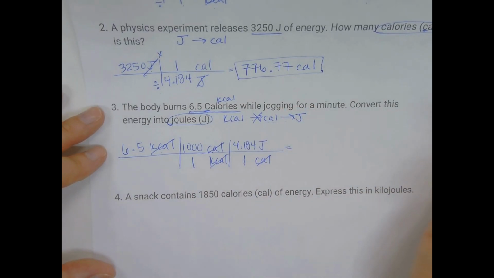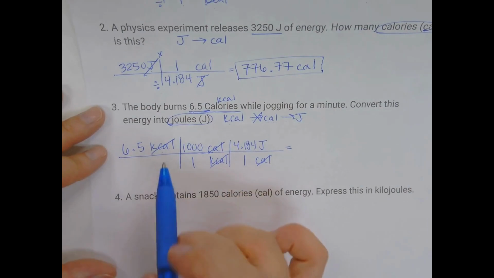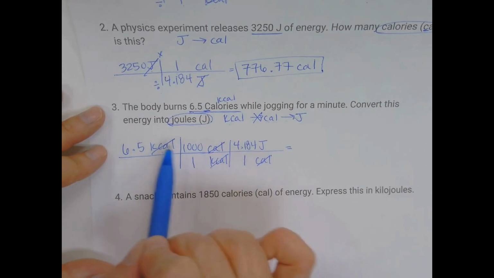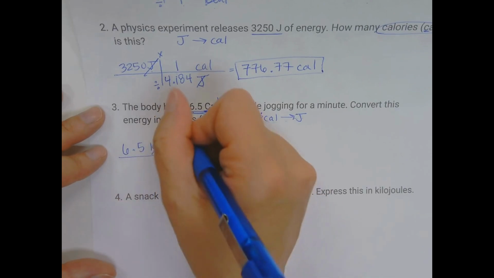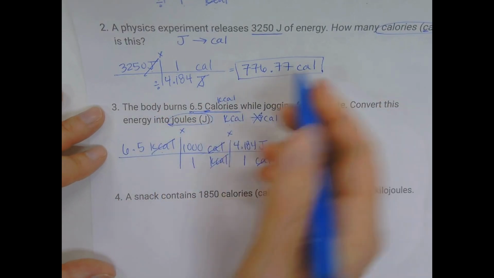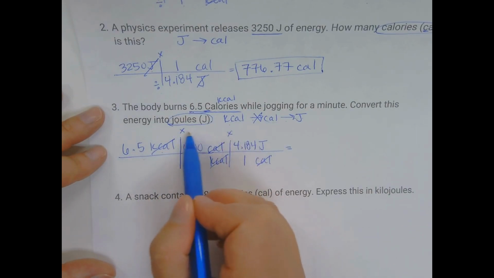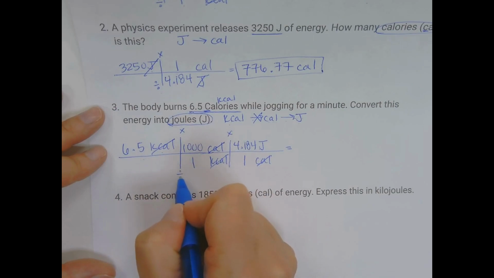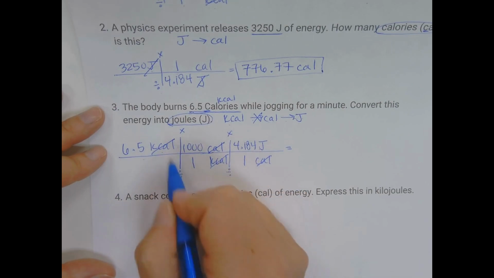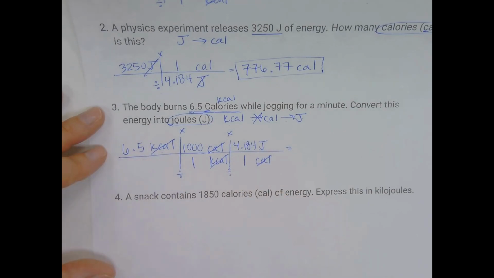Okay, so how do we do this? Well, think of this like multiple fractions. What we're going to do is multiply across the top first: 6.5 times 1,000 times 4.184, and then we're going to divide along the bottom. So it would be divided by 1, divided by 1, okay?